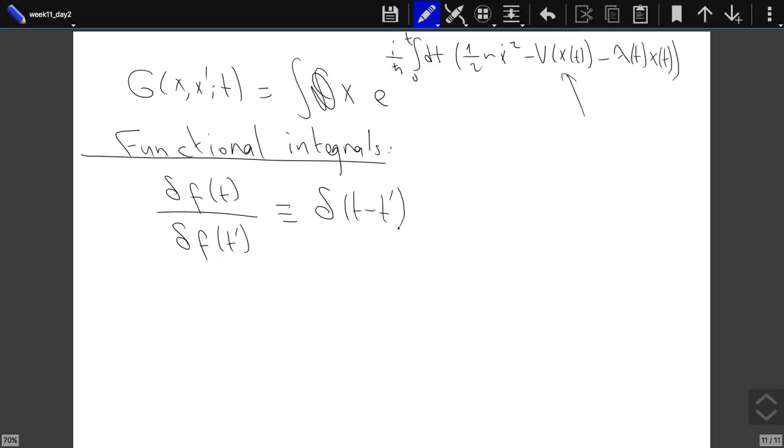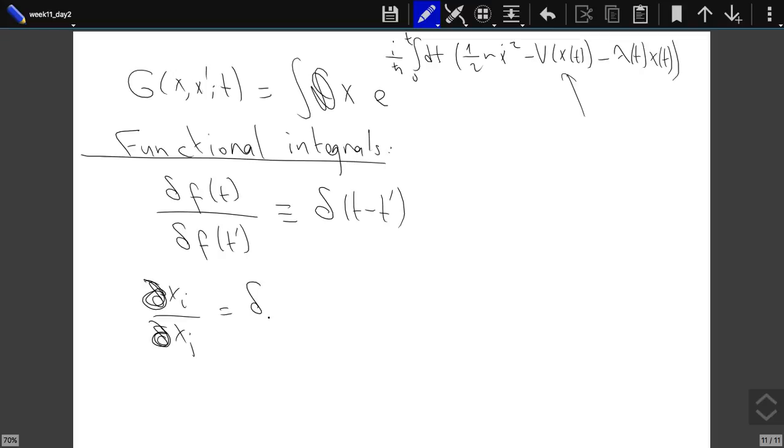Now, why this definition? If you take the discrete limit, remember what our x of t was. It's just like x_i, and at a different t prime, x_j. These were just ordinary numbers. And if you take the derivative of x_i with respect to x_j, you get the Kronecker delta. It will be 1 if i and j are equal, and 0 if i and j are different.